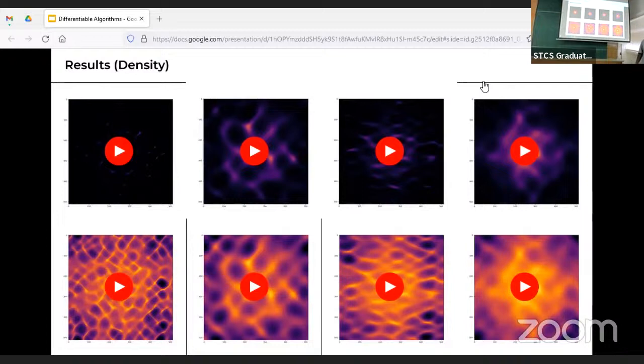And some of the illustrations were made in Google Slides. So the rendering is done outside.